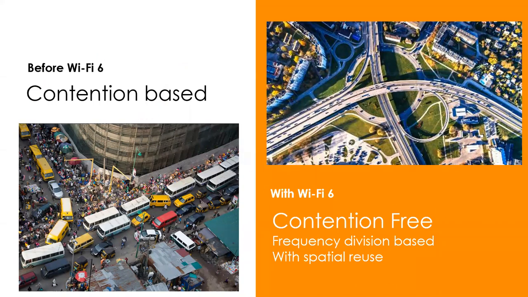Basically, with previous Wi-Fi there's no coordination of which device gets to broadcast at a time, and only one device gets to broadcast at any particular time. If two or more devices decide to broadcast at the same time, you end up with dropped packets and interference.